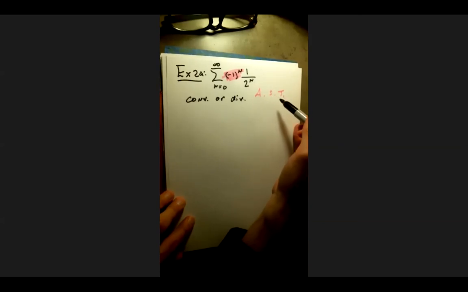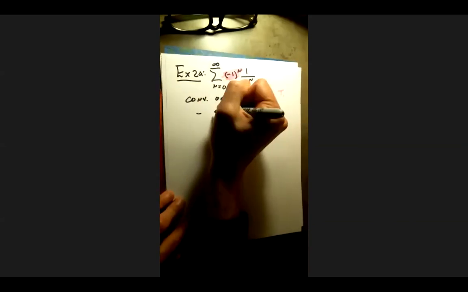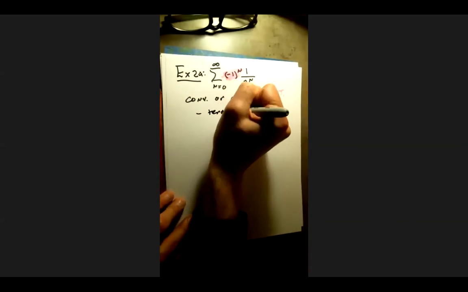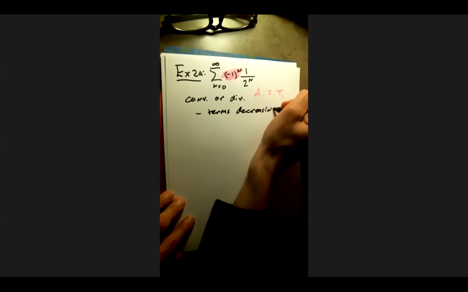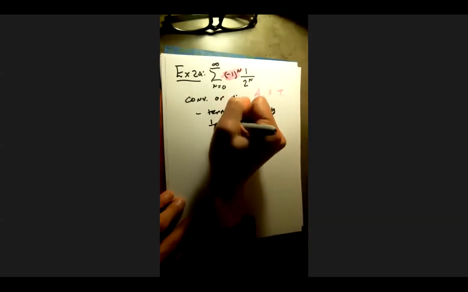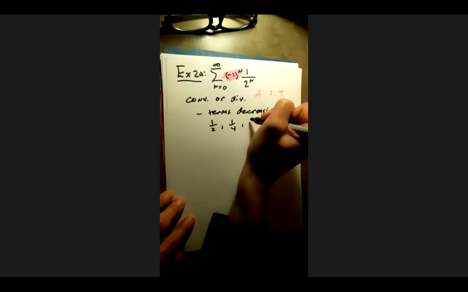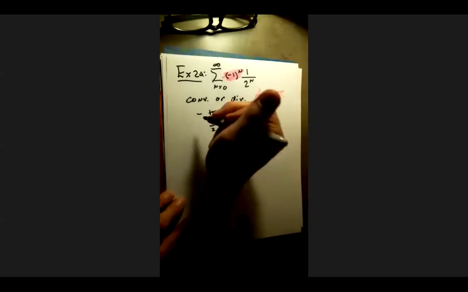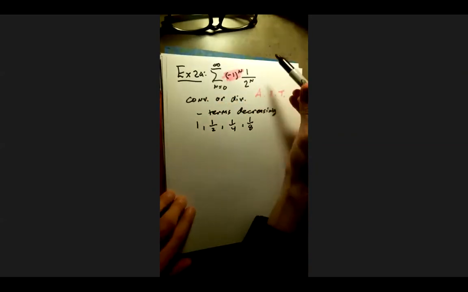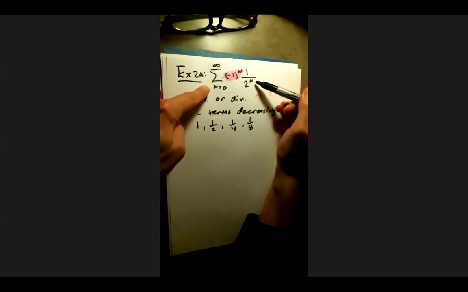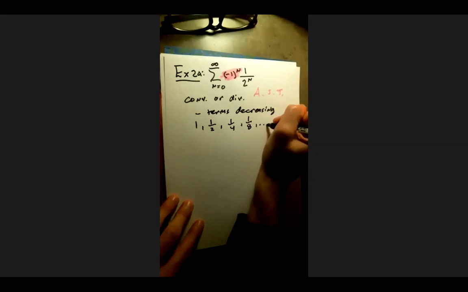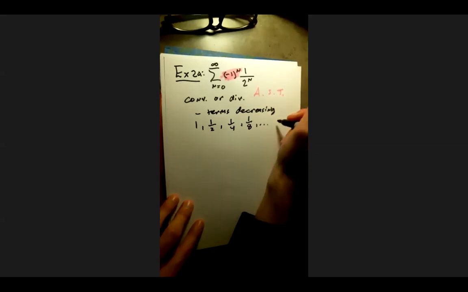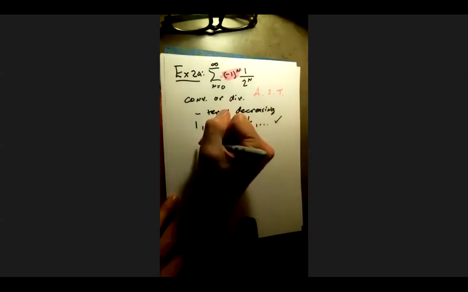So if I wanted to do the alternating series test, I have to look at two conditions. Are the terms decreasing? I mean the terms 1, 1 over 2, 1 over 4, 1 over 8. If I'm putting in n equals 0, n equals 1, n equals 2, n equals 3, et cetera, are these terms decreasing? Yes. And then how about the limit?